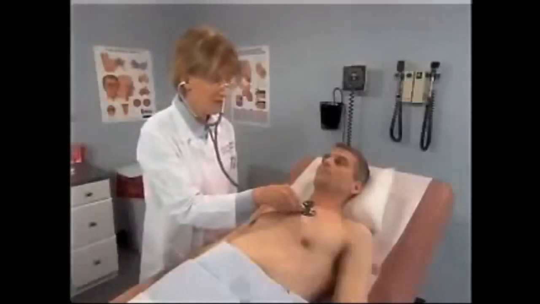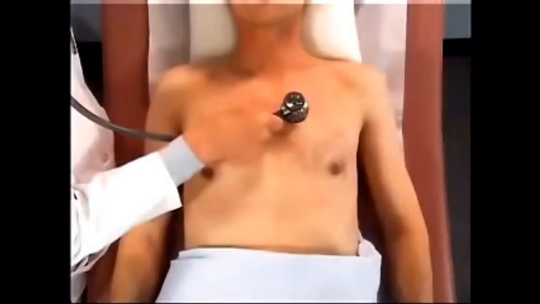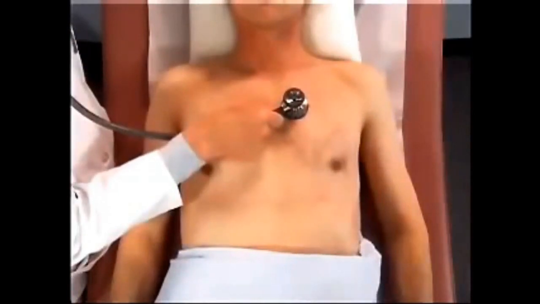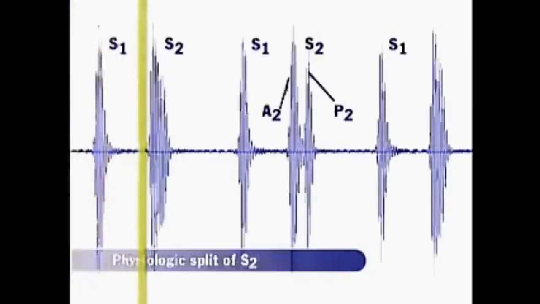Now breathe deep. This physiologic split of S2, A2 and P2, normally occurs during inspiration. During expiration, however, these two components are fused into a single sound, S2. Let's listen again.